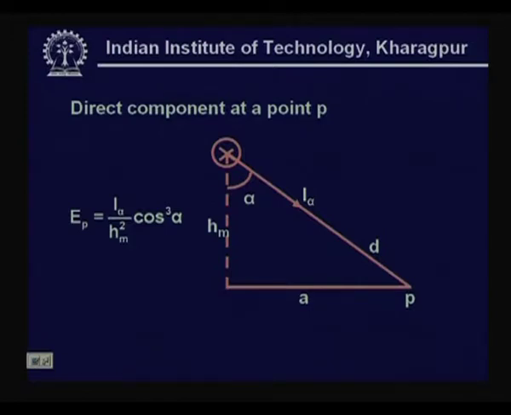Alpha is the angle subtended by the straight line from the source of the lamp to this point with the vertical, and when expressed in terms of mounting height, this works out to be I alpha by Hm squared cos cubed alpha, where alpha is the angle, which is very clear from the picture. This was due to a point source.